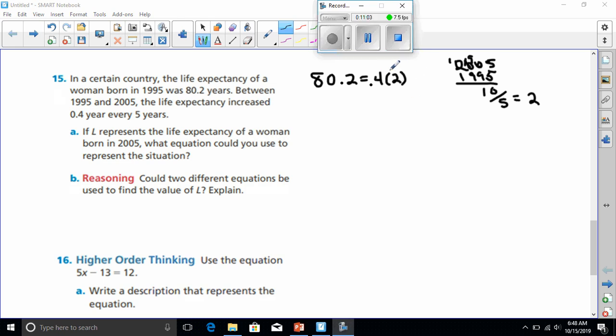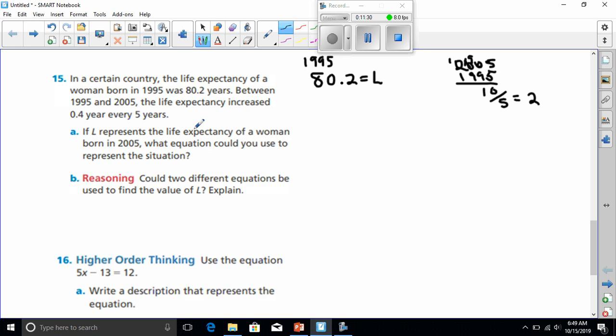I might have to rearrange this because this is representing 1995, which people are dying earlier. They're not living as long. So in actuality, I think what I'm going to have to do is state that the life expectancy, which is going to be L here, right?